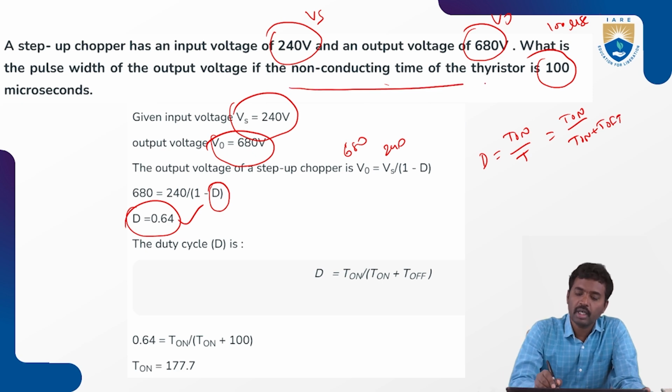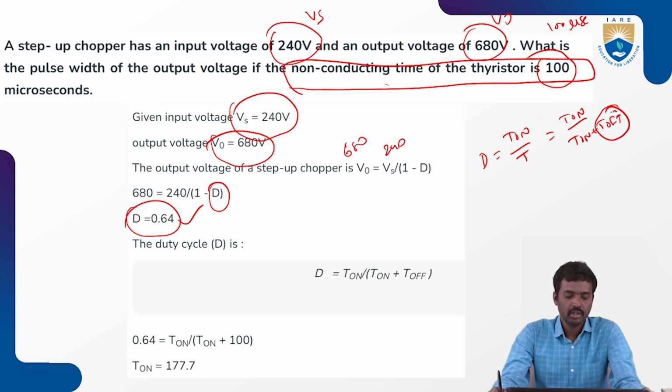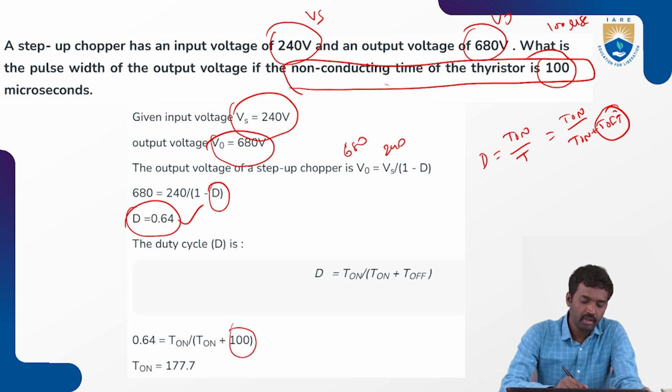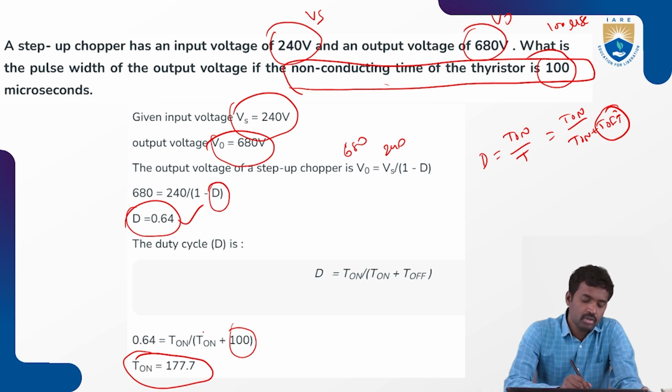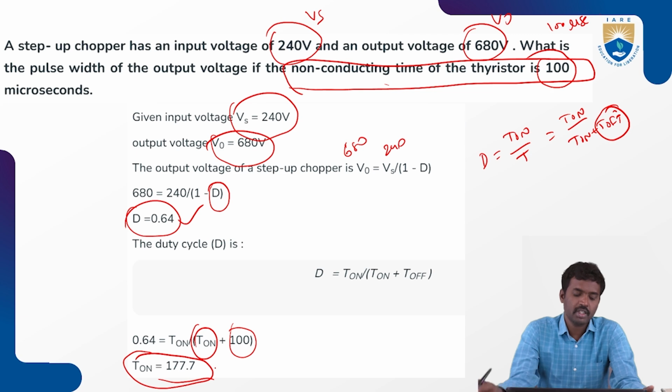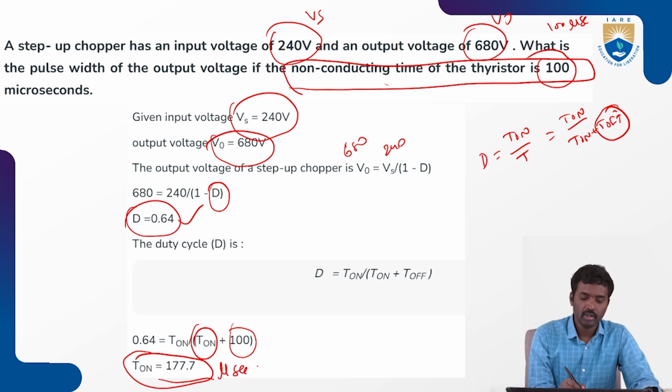Here the non-conducting time is given, 100 is given. From this, calculate the conducting pulse width, meaning the conducting time of the thyristor, that is T on. So T on is 177.7 microseconds.